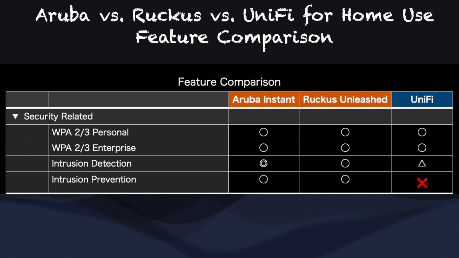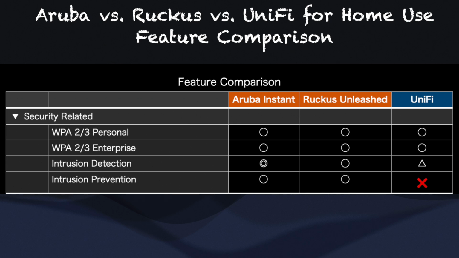These WPA standards come in both personal and enterprise editions. Regardless of which one you'd like to choose, all three systems support WPA2 and WPA3 for both personal and enterprise. It is worth mentioning, though, that if you want to use features like PPSK and DPSK, they are currently only supported for WPA2.